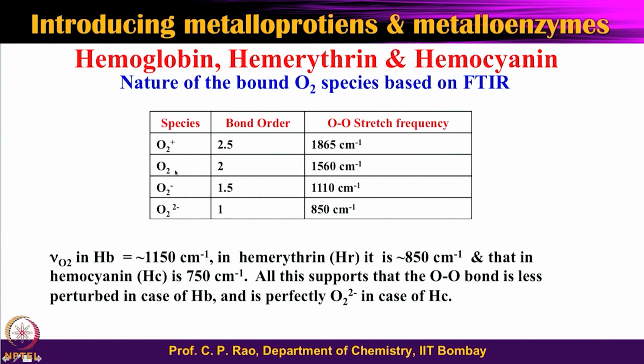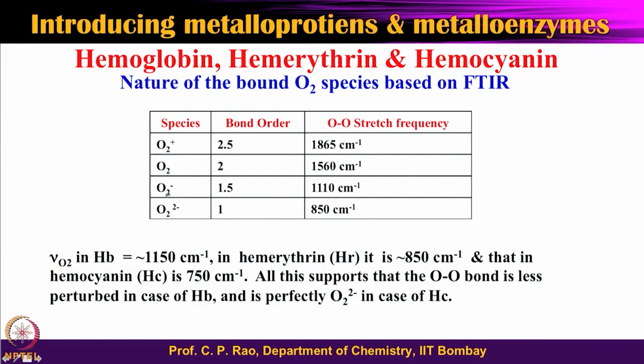Remove 1 electron, it becomes O2 plus, and the bond order should increase, because you are taking 1 electron out of the antibonding orbital. What is bond order? Bond order is the number of electrons in the bonding orbital minus the number of electrons in the antibonding orbital, divided by 2. Since you have taken 1 electron out of the antibonding orbital, you are increasing the bond order, and therefore your frequency will go up.